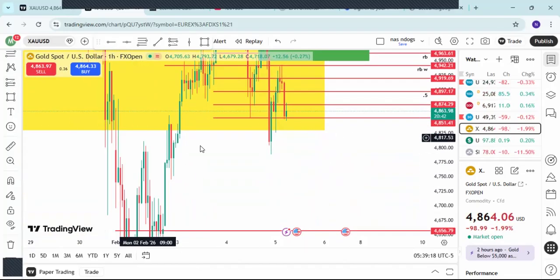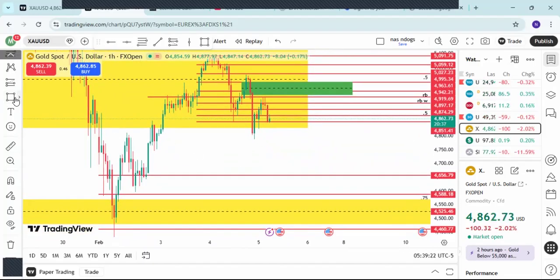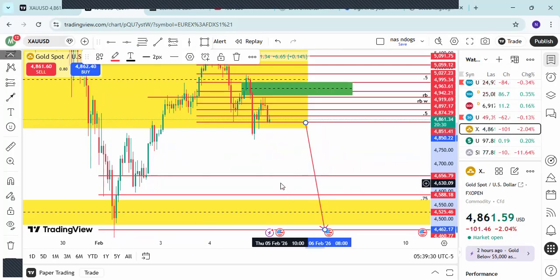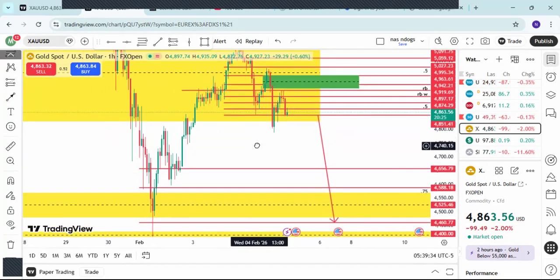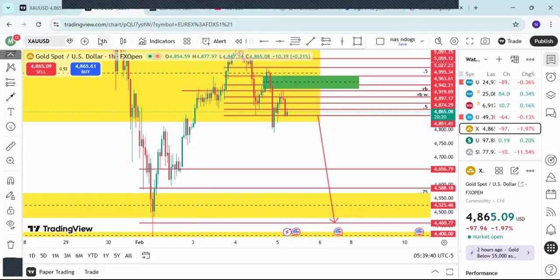But ultimately, we're just going to look for gold to go short, to go lower into this. You have to see gold in there. That's what we'd like to see. And also here, there's this fair value gap on our time frame.